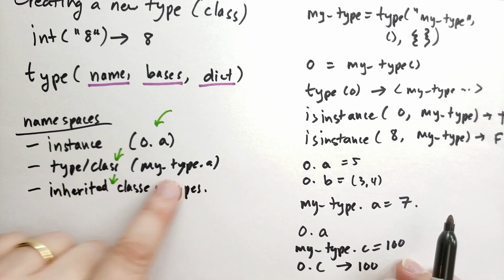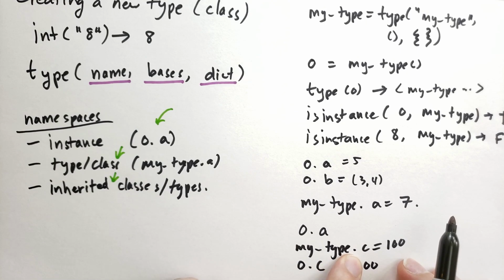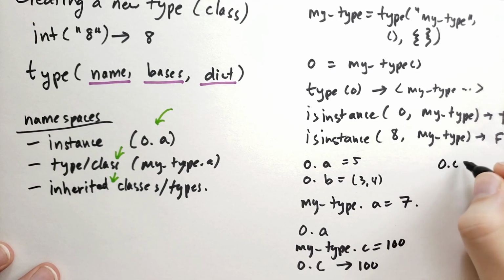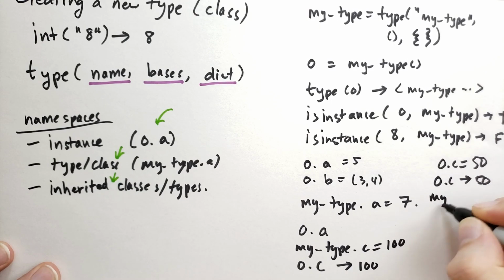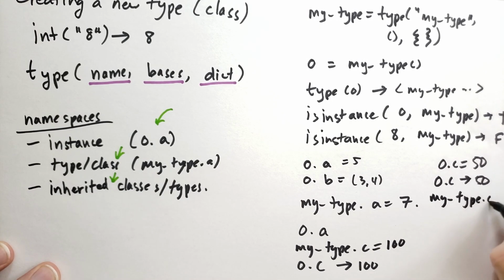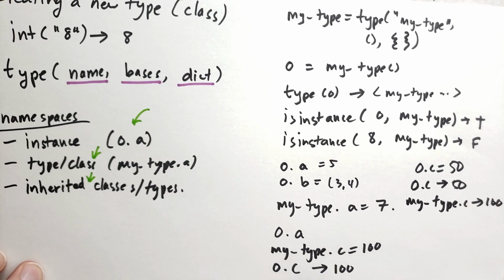And so then it looked at the type or the class, and it saw that indeed there is c defined for that. Now, if I were to say o.c is now equal to 50, then when we say o.c, that will give us 50, but my type.c is left untouched.